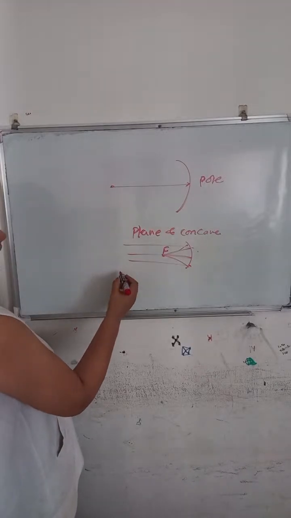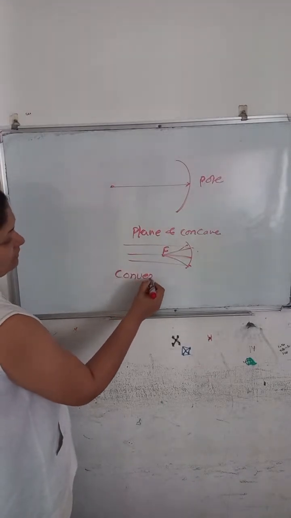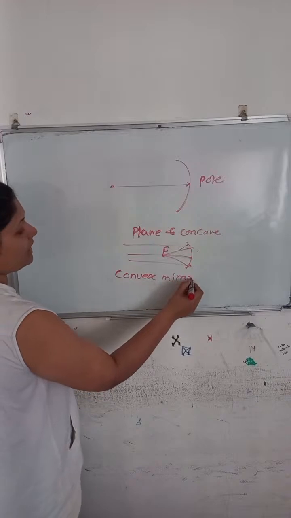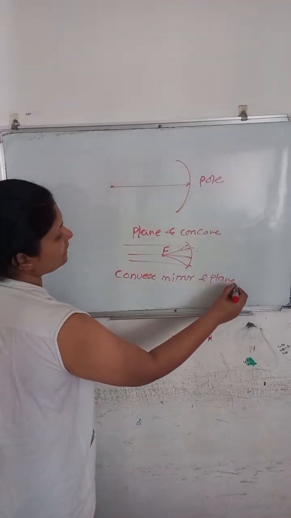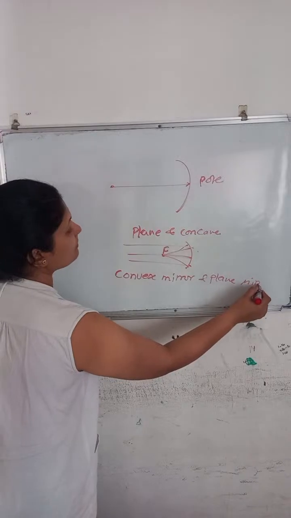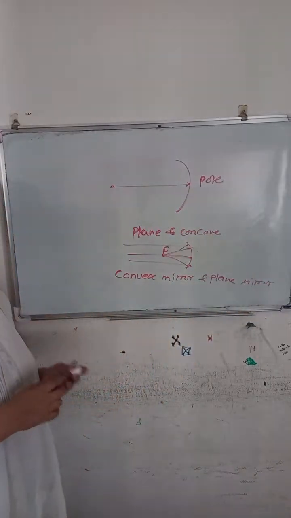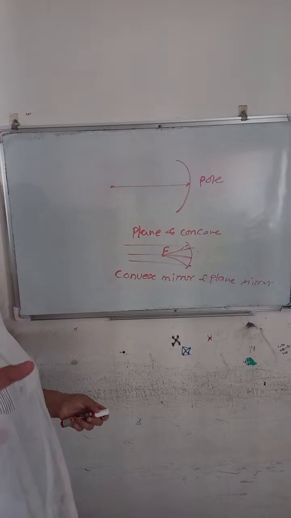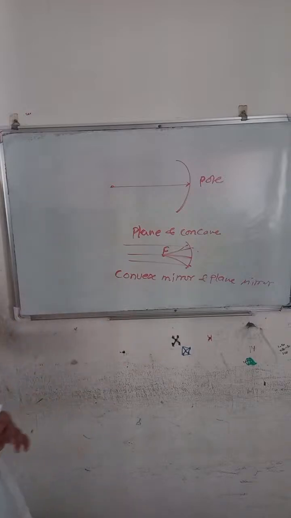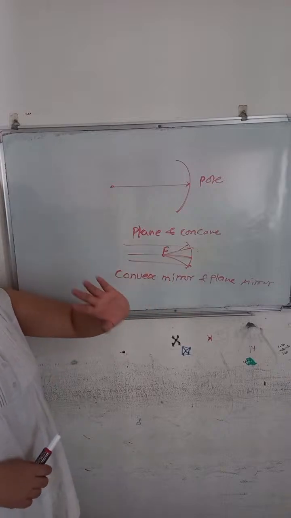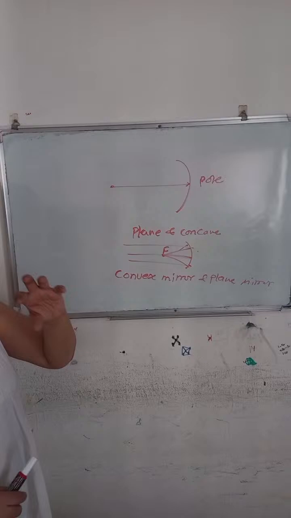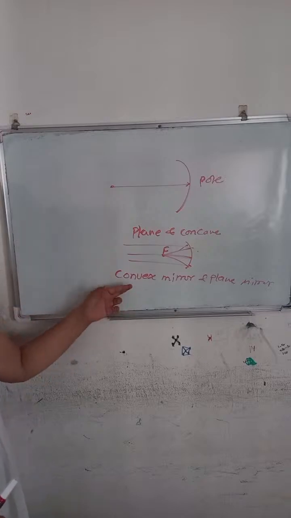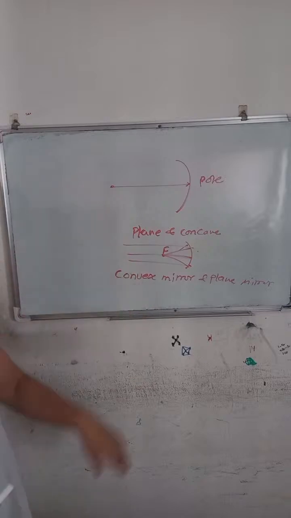That means they are using a combination of a convex mirror and a plane mirror, so that the head becomes small while the legs are normal. We get smaller images only in convex mirrors. Getting this? So, a combination of convex mirror and plane mirror.